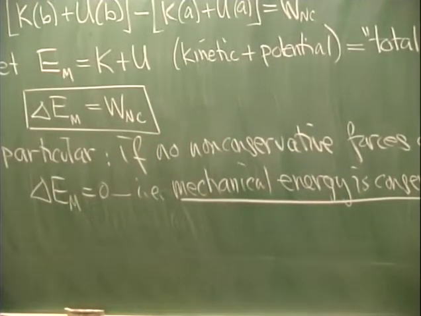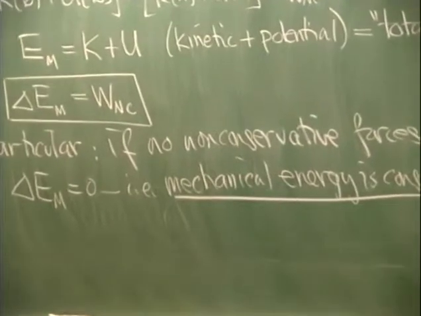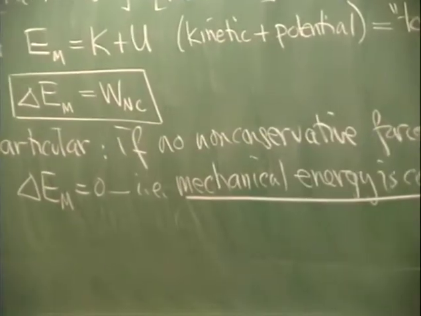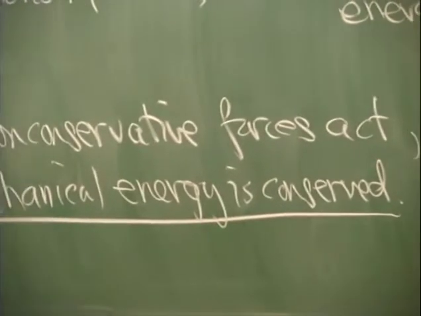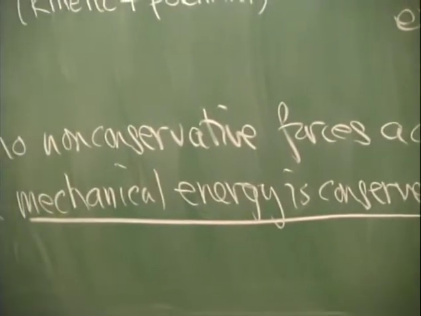That, folks, is the best I could do in classical mechanics to prove the law of conservation of energy. What it says is, if there are no non-conservative forces acting, then the mechanical energy is conserved.